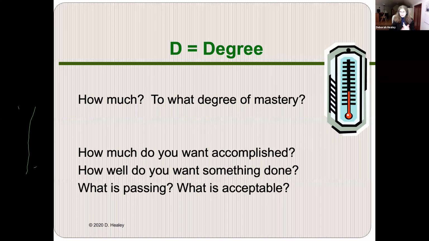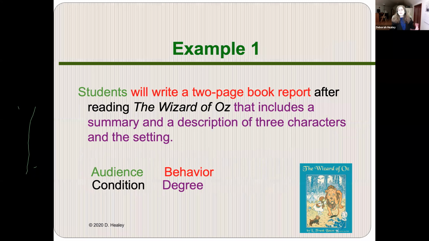If you think about the audience, the behavior, the condition, meaning what you did to lead them to it, and the degree, then you have something that is really useful. Again, here's the example. Students will write a 2-page book report after reading The Wizard of Oz, and the degree: it includes a summary and a description of 3 characters and the setting. So you're just being really, really detailed.